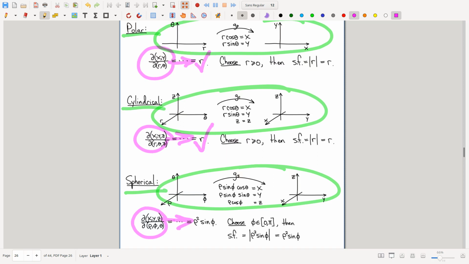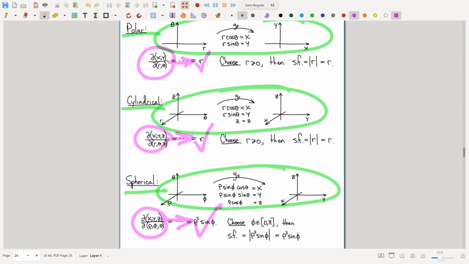But you'd be surprised how nicely Pythagorean identities kick in as you simplify, and all that ugliness simplifies down to this one thing, rho squared sine phi. These are good formulas to make sure you know. Remember them: r for polar and cylindrical, rho squared sine phi for spherical. Once you've computed them one time, you never have to do them again as long as you live.